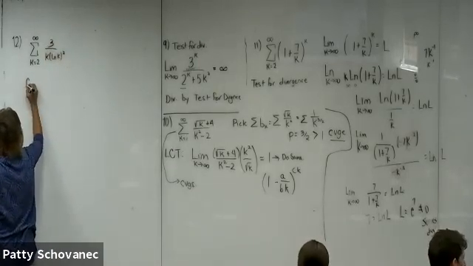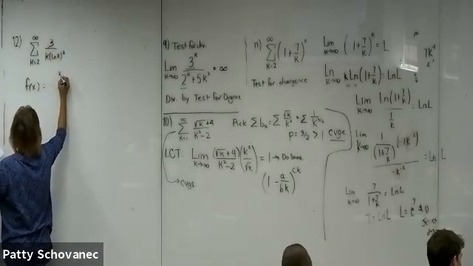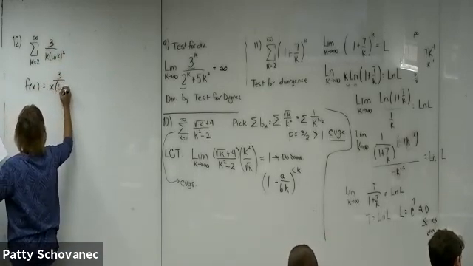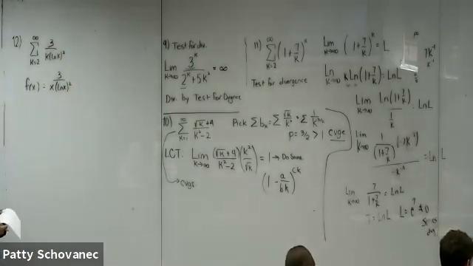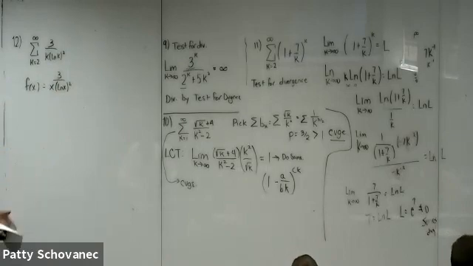So we're going to let f of x be 3 over x times the natural log of x, squared. Since all of the x's are in the bottom, it has to decrease, because the numerator is constant.